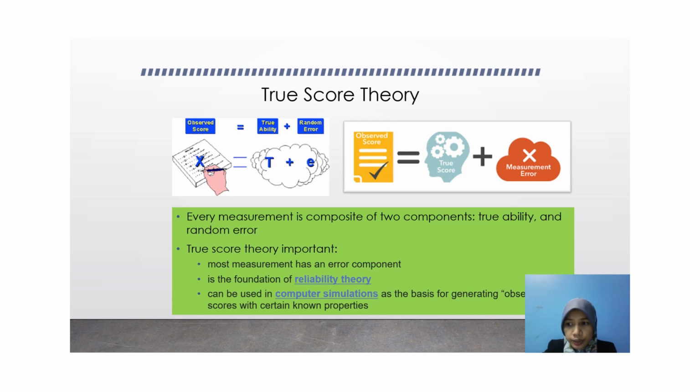Why is the true score theory important? First, it's because most measurements have an error component. Second, it is the foundation of reliability theory. A measure that has no random error is perfectly reliable, whereas a measure that has no true score, which is all random error, has zero reliability.